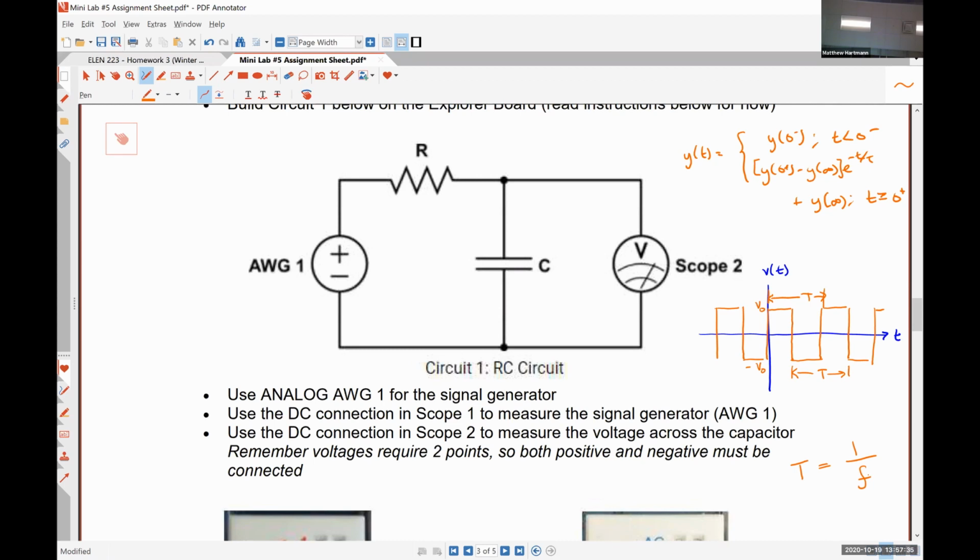Just put it in your calculator, since we know what f is. 1,000 hertz. 1 over 1,000 is what? So it should be 1 millisecond.